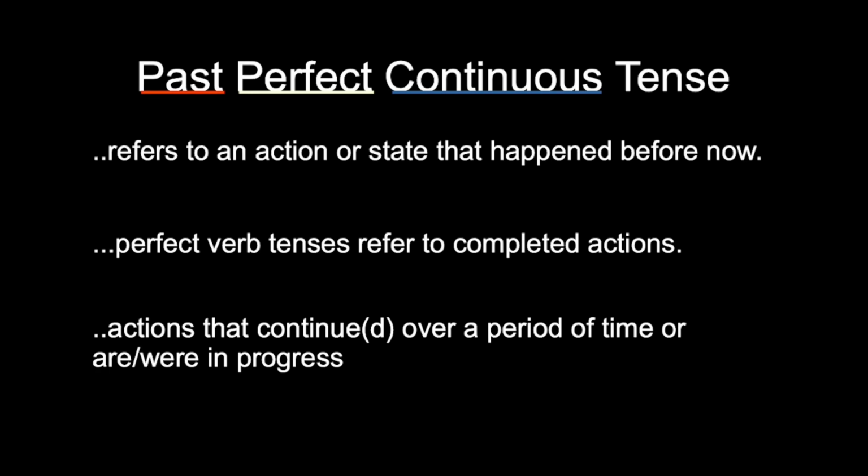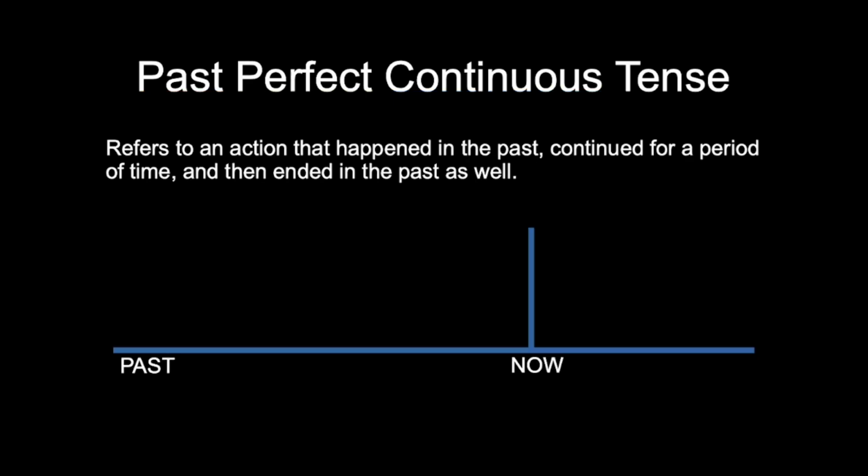Continuous verb tenses refer to actions or states that continued over a period of time and are or were in progress. So, putting it all together, the past perfect continuous tense refers to an action that happened in the past, continued for a period of time, and then ended in the past as well.